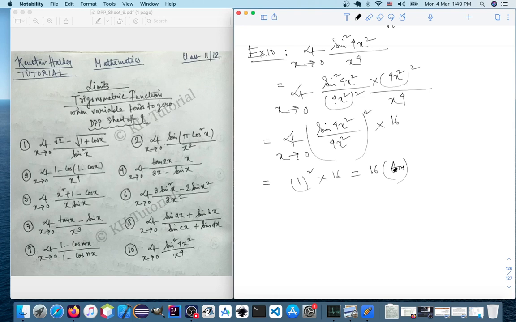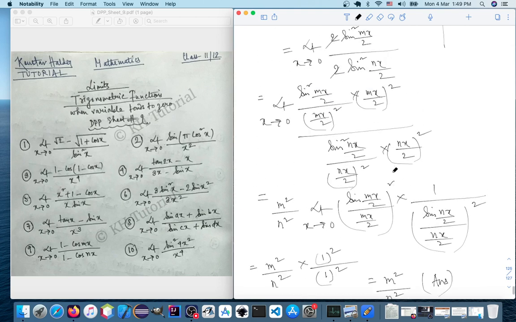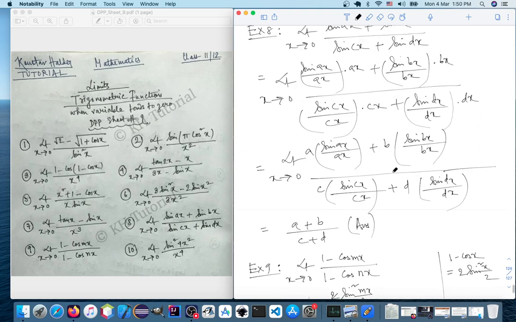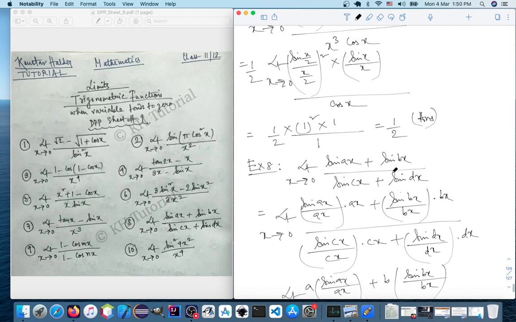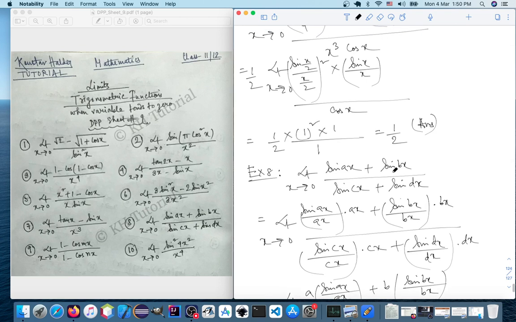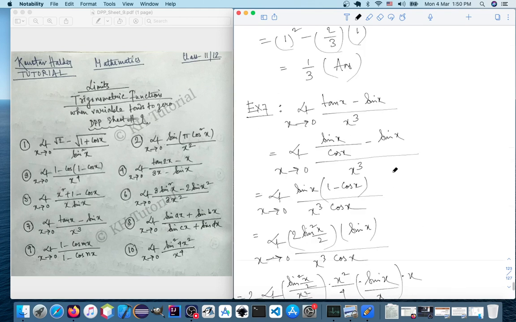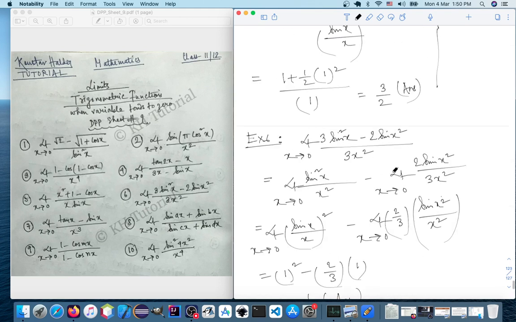Okay, I hope these were some basic problems. None of them were that tricky or hard. The approach was very straightforward, using the basic trigonometric identities and formulas, and the formula 1 minus cos x equals 2 sine square x by 2.